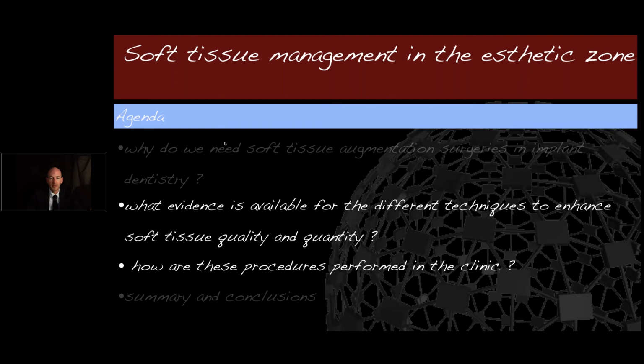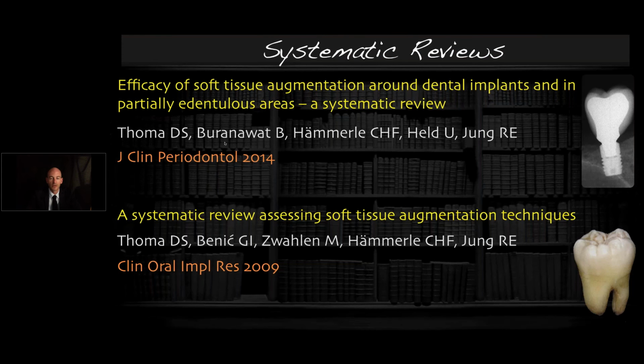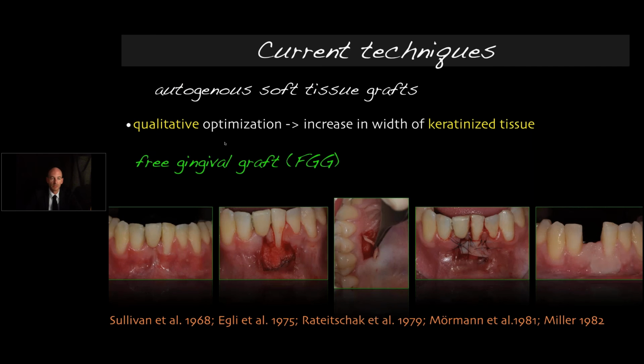So how do you get the information? Obviously the easiest way is to look at some systematic reviews. So I'd like to summarize 2 of these reviews dealing with soft tissue grafting procedures. What you could show is that the procedure that was most often performed was the use of autogenous grafts.